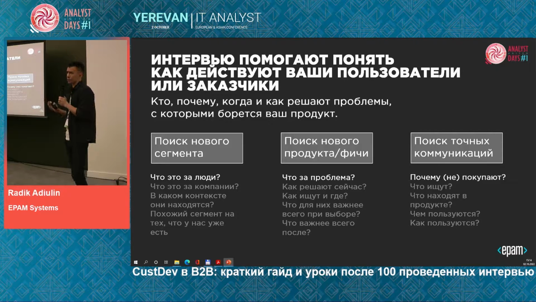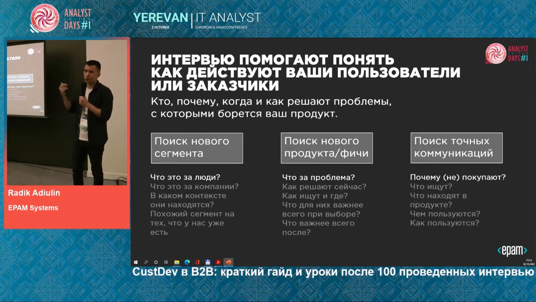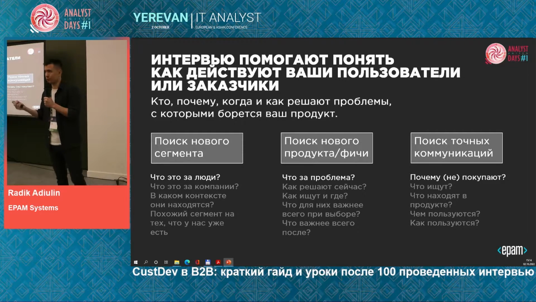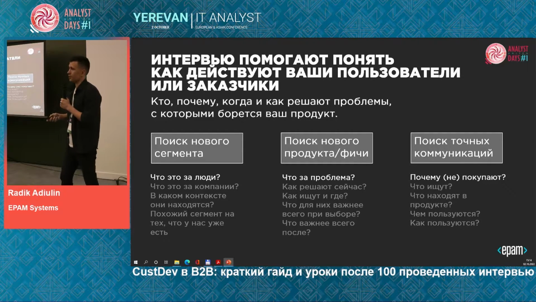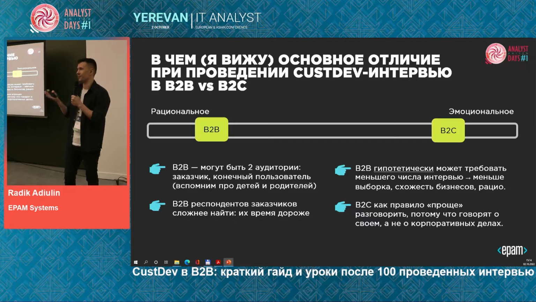And the third one is the search for communications, the marketing and sales research, where we have the product and an audience, but we don't understand why people are buying this. We don't know what value the product has for them. So it helps us to formulate this price proposal.